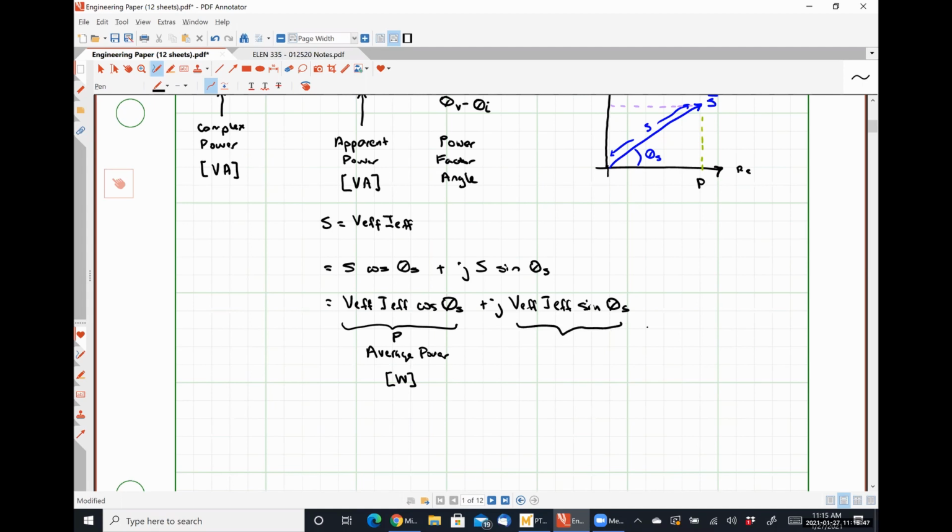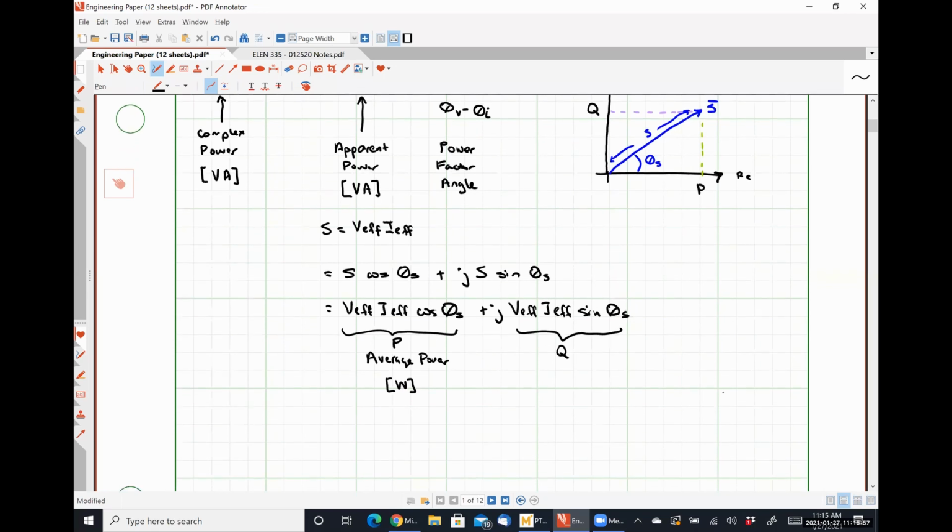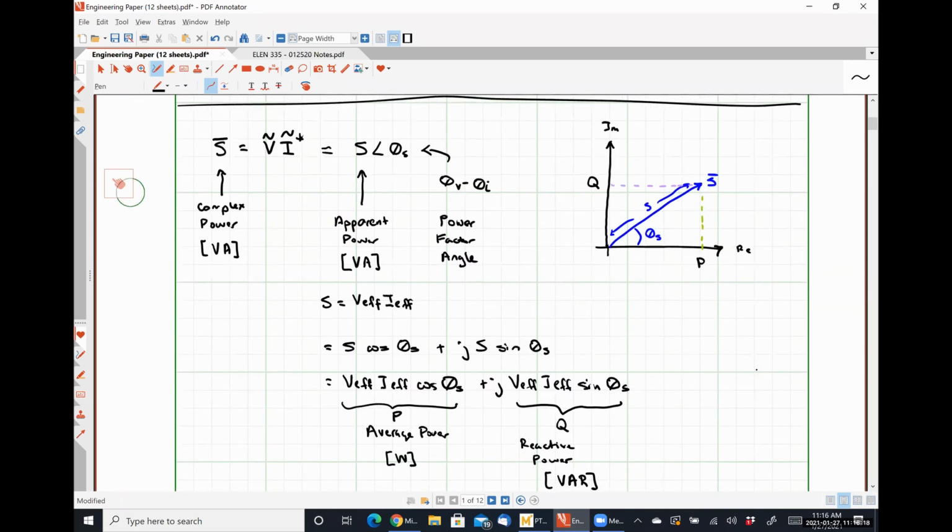This over here, we're going to call Q, the imaginary part of our complex power. And we call it our reactive power, which has units of volt amperes reactive. This picture that I've drawn is what's called a power triangle.